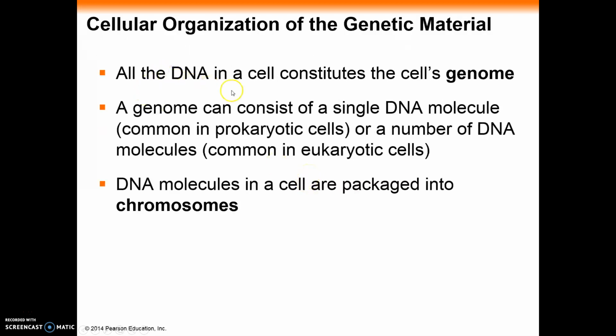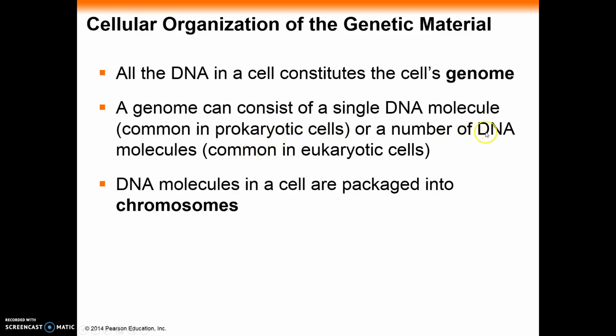So all of our DNA is collectively called our genome. That genome can consist of a single DNA molecule, which is what happens very commonly in prokaryotic organisms such as bacteria and archaea, and they often have one singular and oftentimes circular piece of DNA.